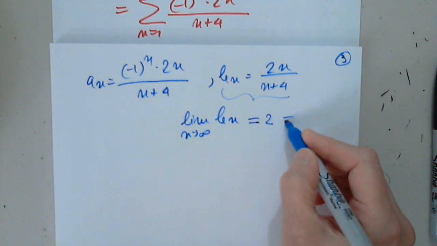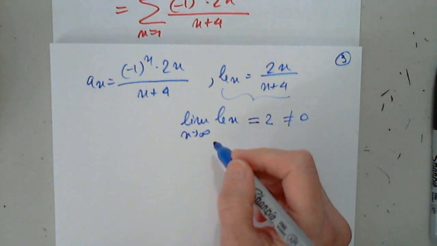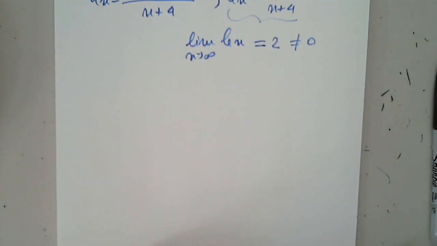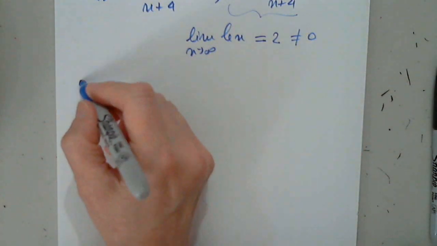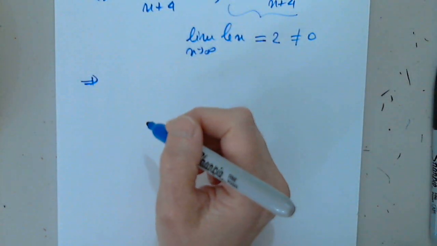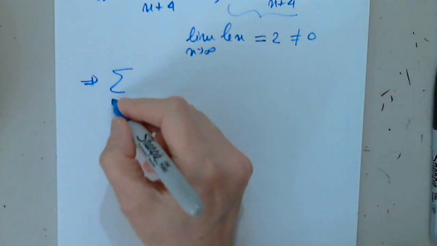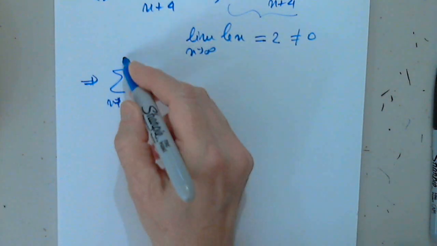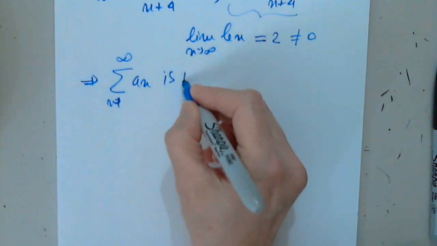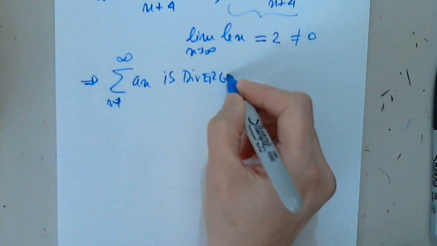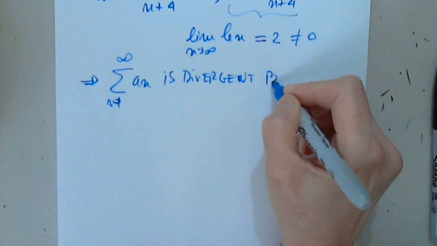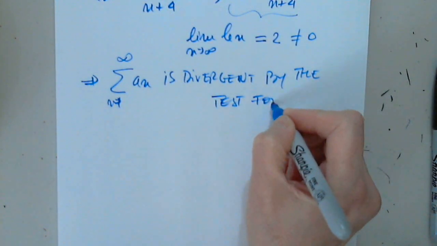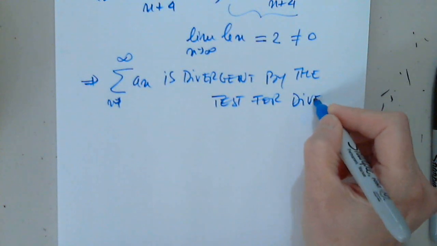This is 2, which is not 0. So therefore, the series from n equals 1 through infinity is divergent by the test for divergence.